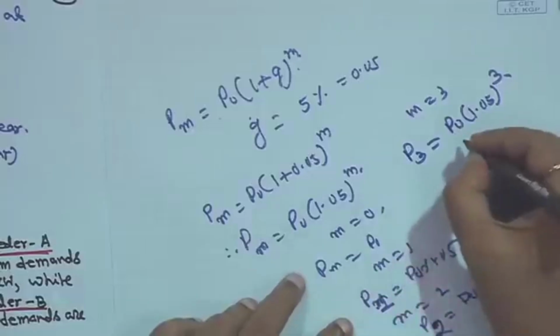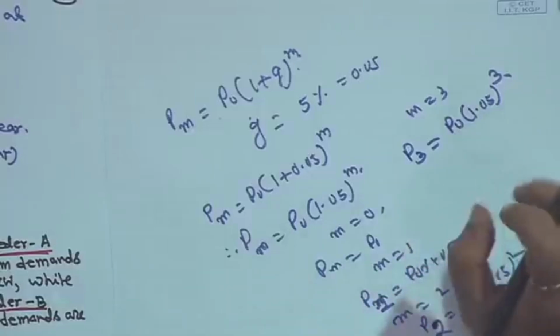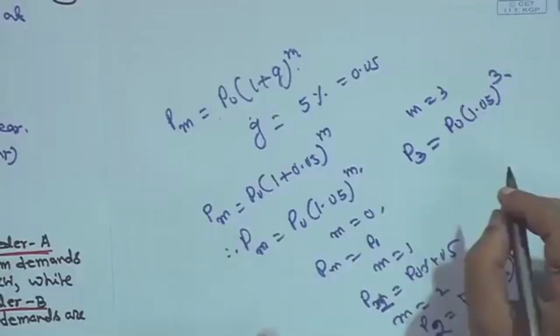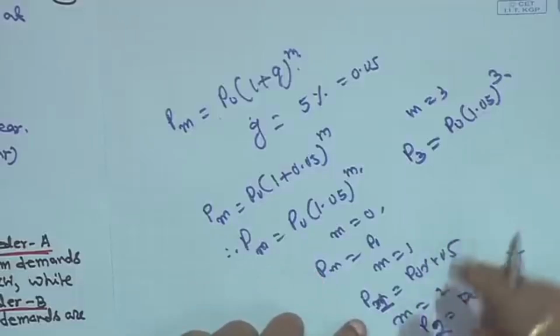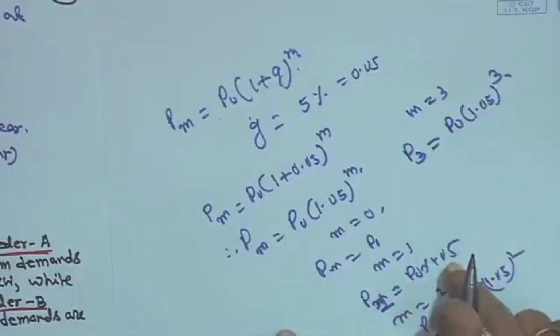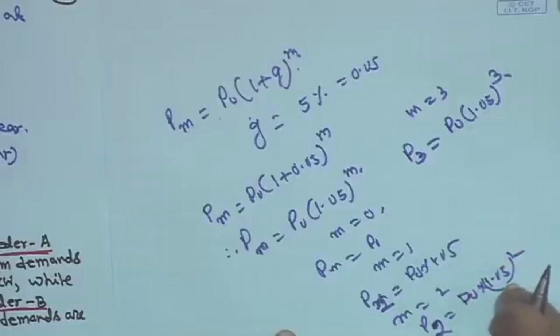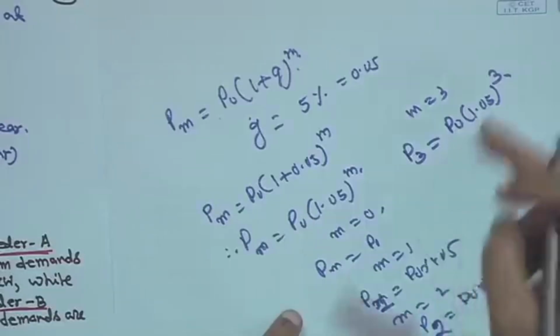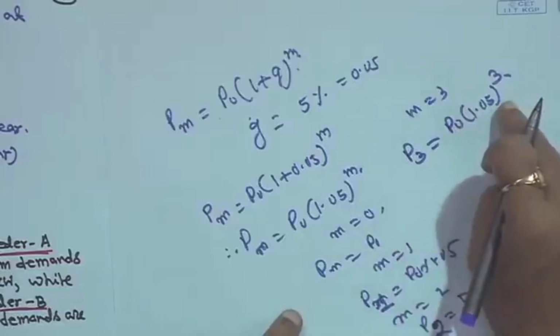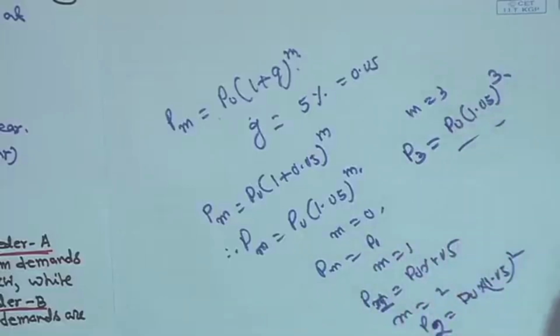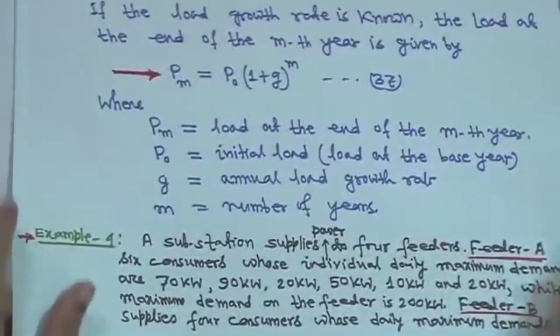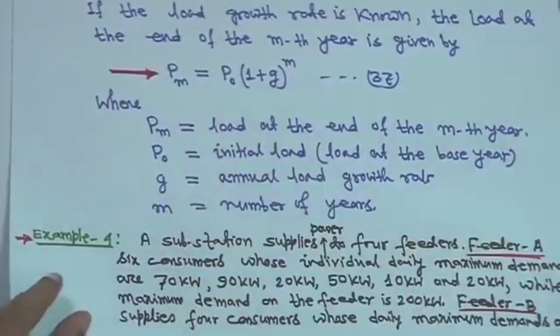Then suppose P0 is 100 kilowatt, for example. So first year load will be 100 kilowatt, next year it will be 100 into 1.05, that is 105. Now second year it will be 100 into 1.05 square, third year it will be 100 into 1.05 cube, and so on. This is the load growth rate formula, Pm is equal to P0 (1 plus G) to the power m, right.